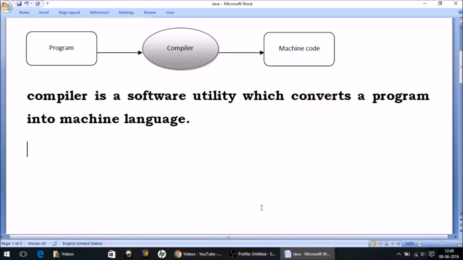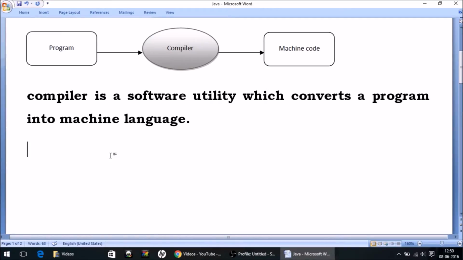Now, talking about compiler, it is a compulsory thing with any programming language. When we are talking about for example C++ or Java or any other programming language, it must have something like compiler to convert the program into machine language, because unless the compiler converts the program into machine language, there will be no point of writing simple straightforward programs. There will be no meaning of writing the instructions in a programming language.